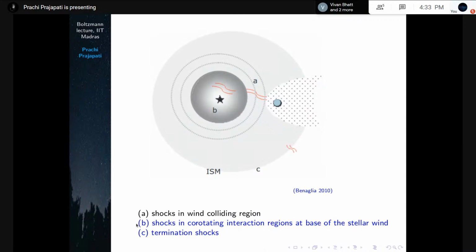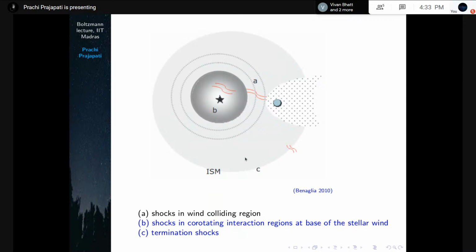But the other two, B and C, are scenarios which might lead to shock formation in the case of isolated stars. Assume that star B is isolated and the other star is not present. One scenario could be that the shock gets formed in the co-rotating interaction regions within the stellar bubble itself, which is shown here.